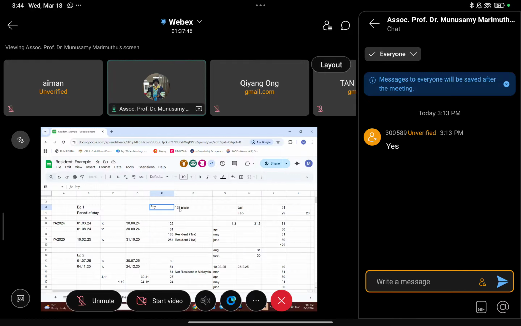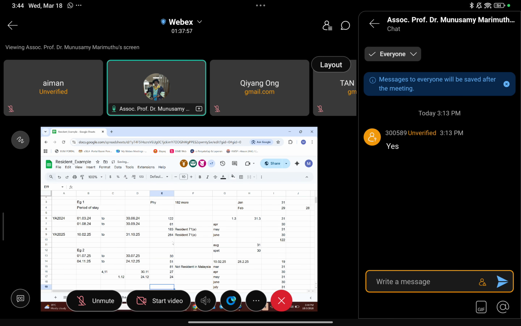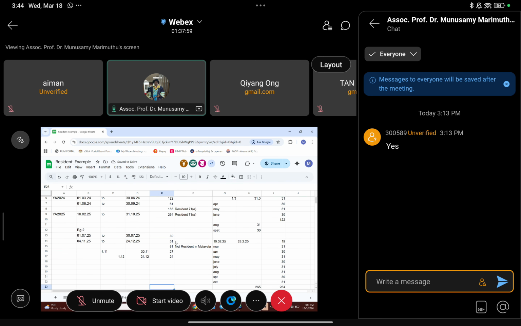Yes, either in one period or many periods. So if you add these two, you get 183, resident. Very simple. But here, look at this. For 25, you add, you got 81. 81 definitely cannot. Okay, 81 is not resident. So for the number of days, look at the calculation.